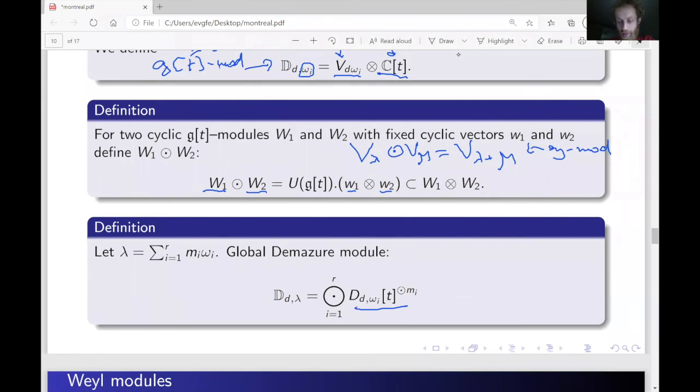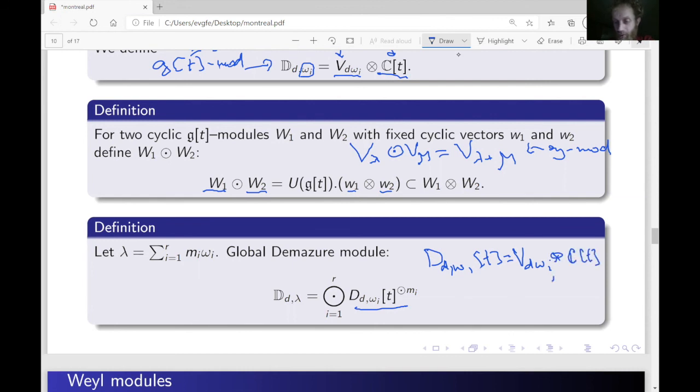And so we take D_{ω_i}(t). So just to be precise, this D_{ω_i}(t) is nothing but V_{ω_i} tensor C[t].